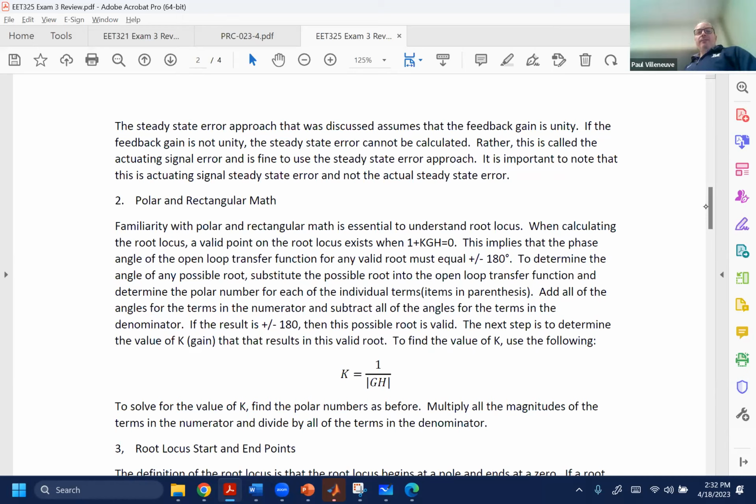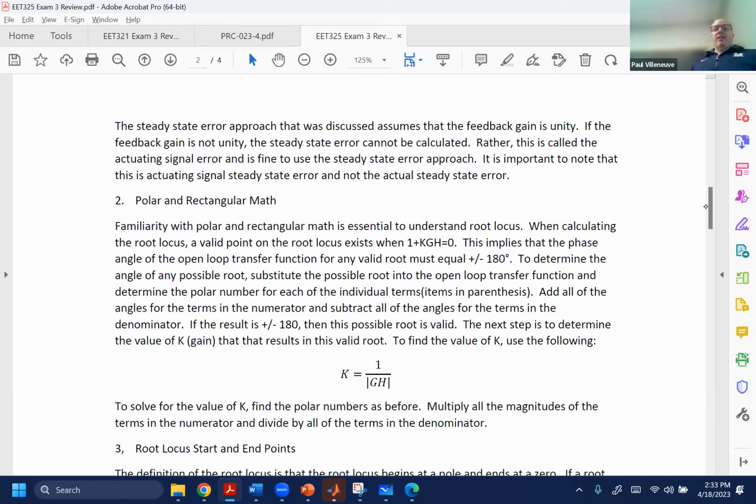And with the angles, we add if they're in the numerator and subtract if they're in the denominator. If we did it in rectangular, we'd have to FOIL everything, but in polar, we can just multiply or divide and add or subtract. Simplifies things quite a bit.